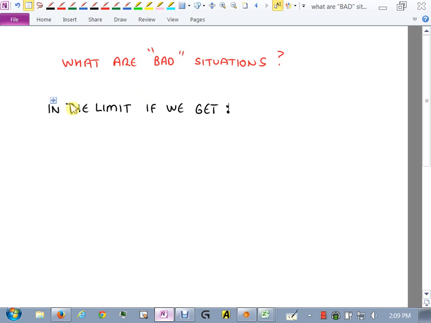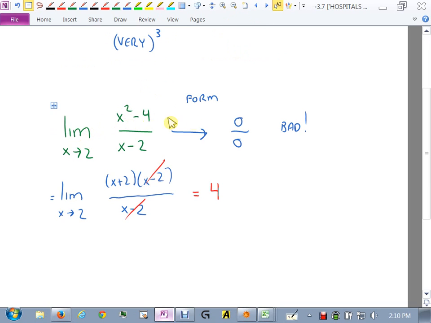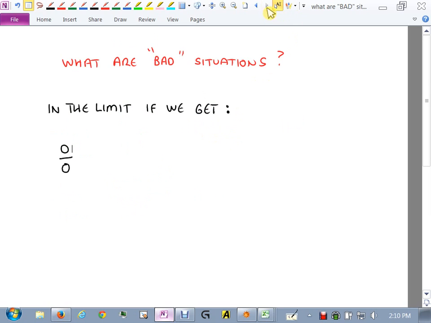The first one is 0 over 0. Look, 0 divided by 0 is undefined, but if you're taking a limit and you're getting 0 over 0, that is a form of a limit. So that's why I'm saying in the limit, if we get this, that's a bad situation.